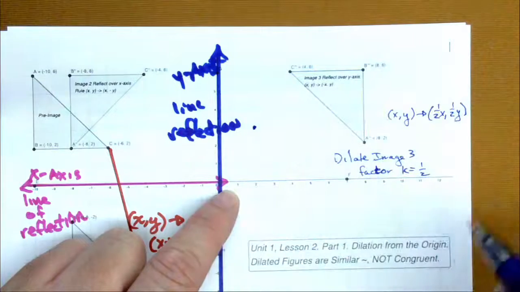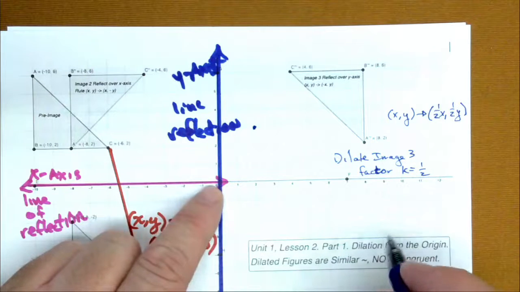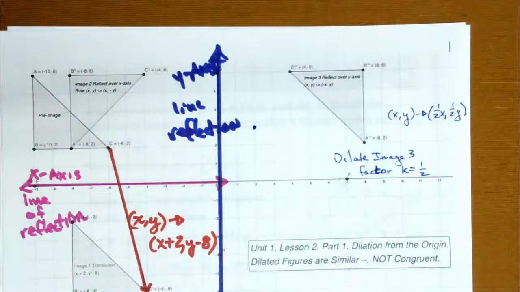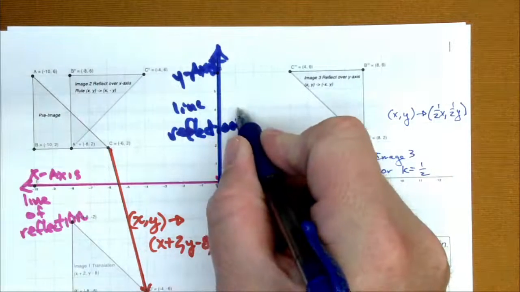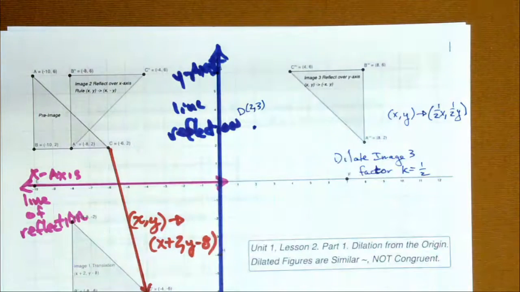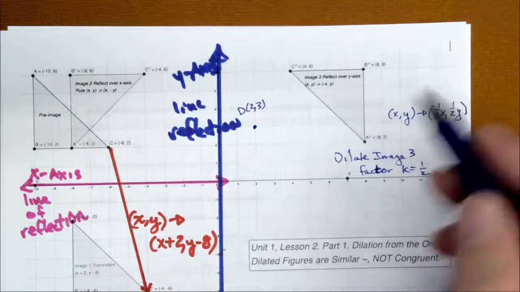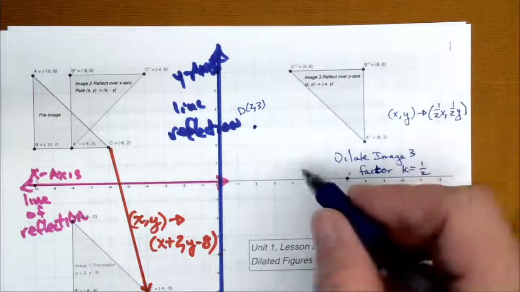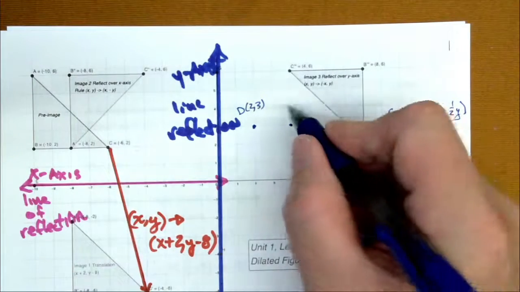We're going to give it some new letters. Let's call it D, E, and F. So let's call this point D, and it's at 2, 3. Let's do the same thing for 8, 6. 1/2 of 8 is 4. 1/2 of 6 is 3. So let's go to 4, 3.